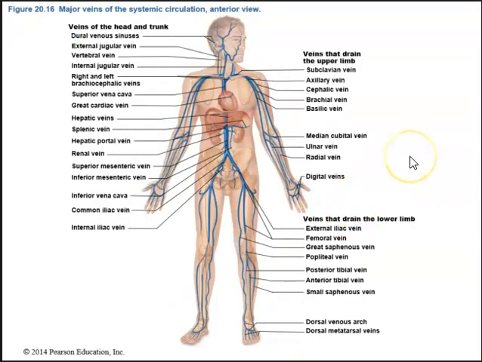And here we see the major veins of the systemic circulation. Remember, all these veins are draining blood away from the limbs, going back towards the heart.